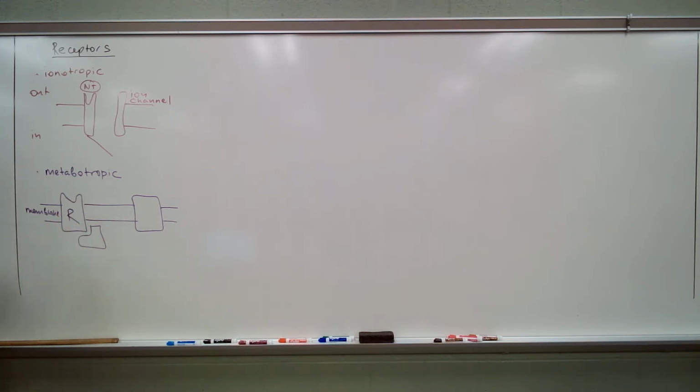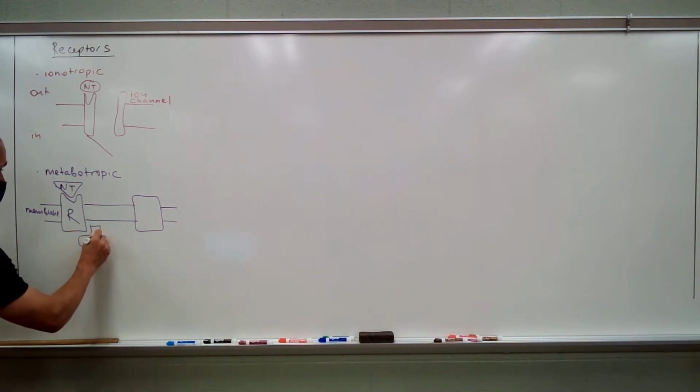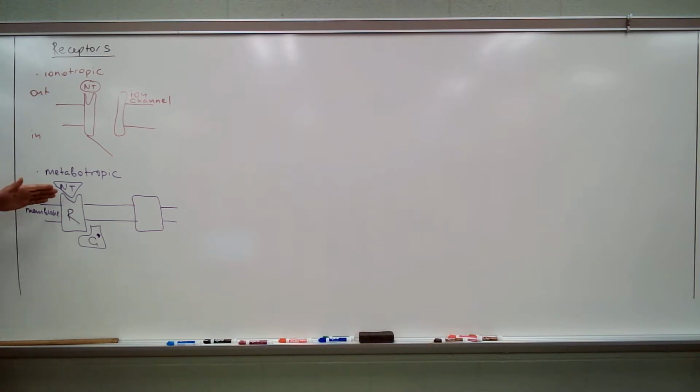So neurotransmitter binds to the receptor. Is that clear? That binding activates so-called G protein. They really call it G proteins. And this receptor is, you don't need to know that, G protein coupled, GPCR.